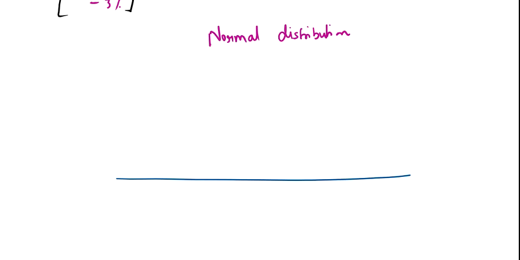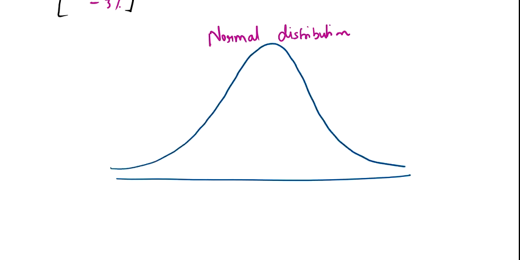First of all, the data will look like this, where you will find the maximum amount of data around the mean, and probability in the tails is very low.